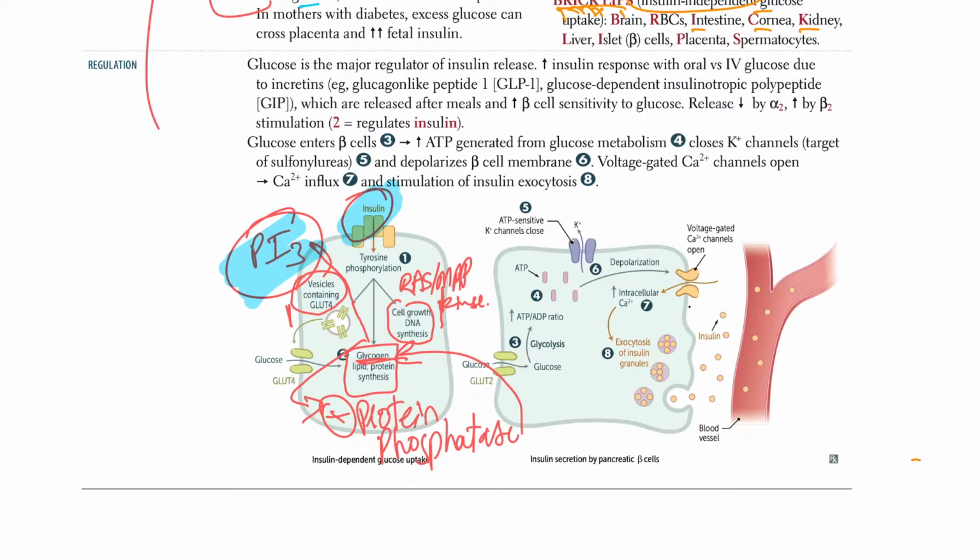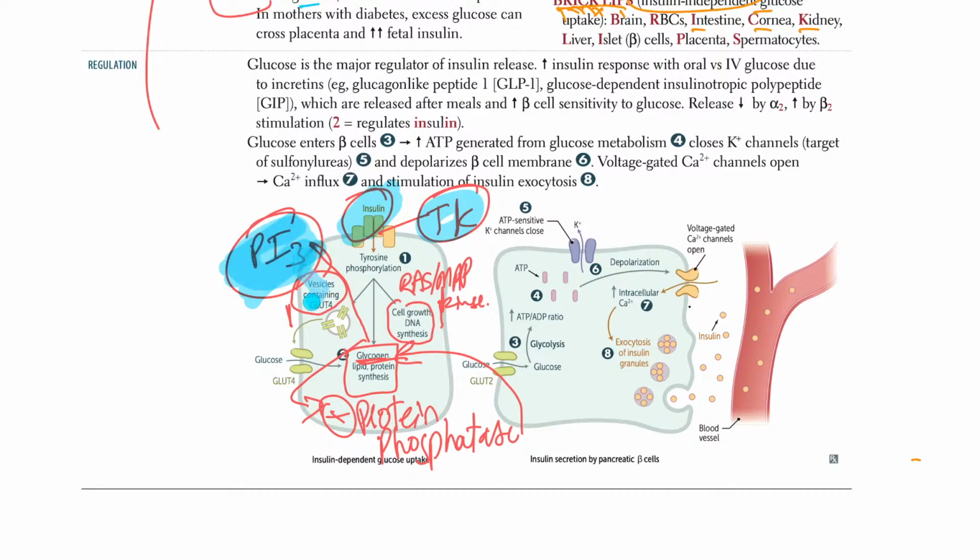So very high yield is that you just have to know that insulin, first of all, stimulates tyrosine kinase. High yield. Through tyrosine kinase, it has more function through other signaling pathways. First of all, we have the PI3.